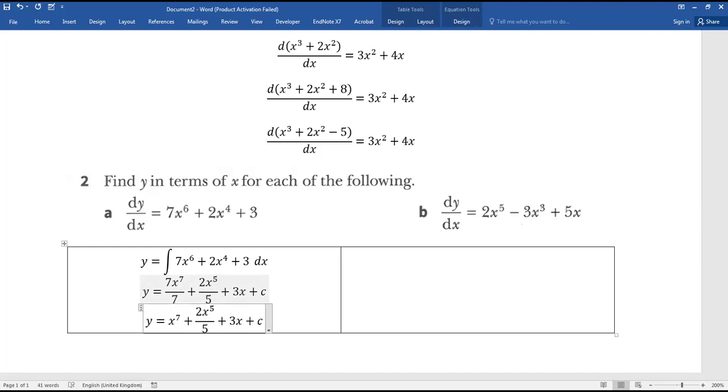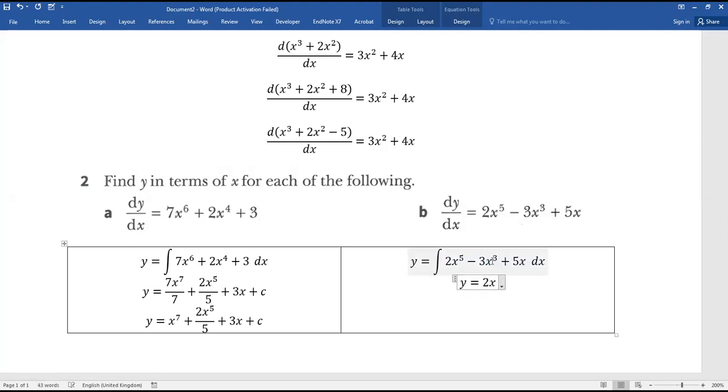So this is your complete integral. Can you integrate the second one for me? You integrate it. What do you get? Understand the notations as well. What does this mean? I am writing that I'll get y once I integrate this entire thing with respect to x.